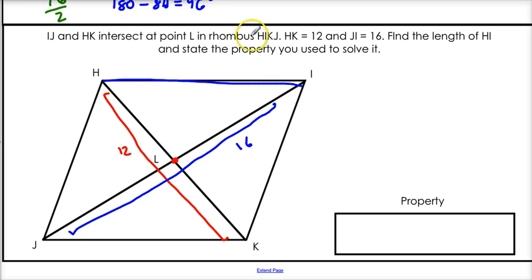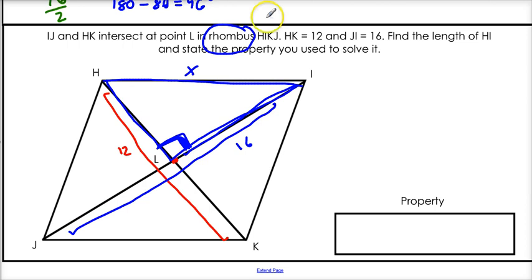So this is an interesting problem, and I'm going to show you how to do it. Right here we have a triangle, and it's a special kind of triangle because it's a right triangle. Because if this is a rhombus, we know the diagonals make a 90-degree angle. Now I'm trying to find HI, which is x, and I actually know these two sides.